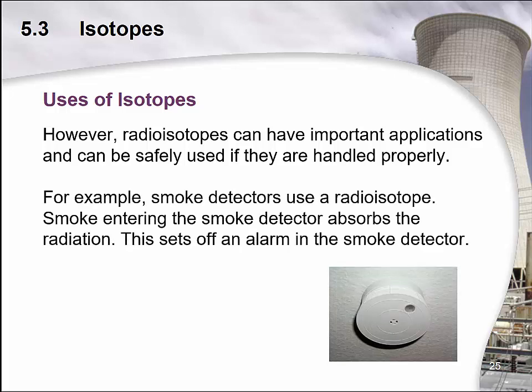For example, smoke detectors use radioisotopes. When smoke enters the smoke detector, it absorbs the radiation, and because it absorbs radiation, it can set off the alarm in the smoke detector. By the way, this is not very important, just need to know that there's such a thing as radioisotope. Okay.